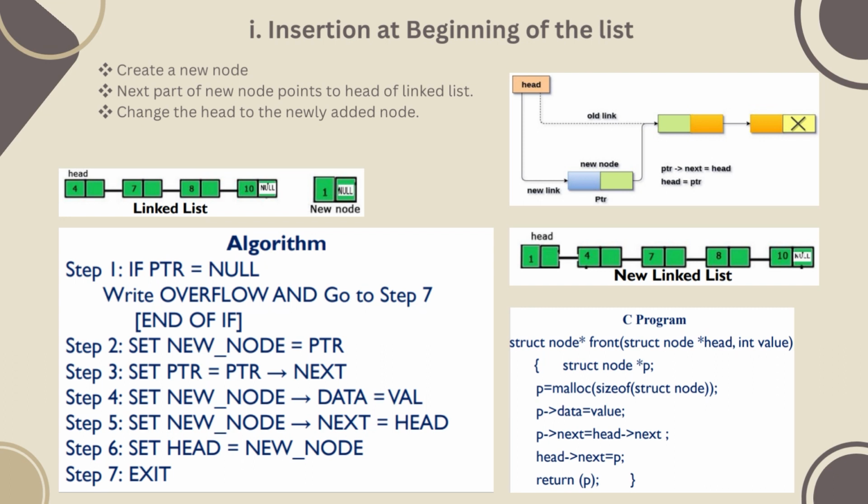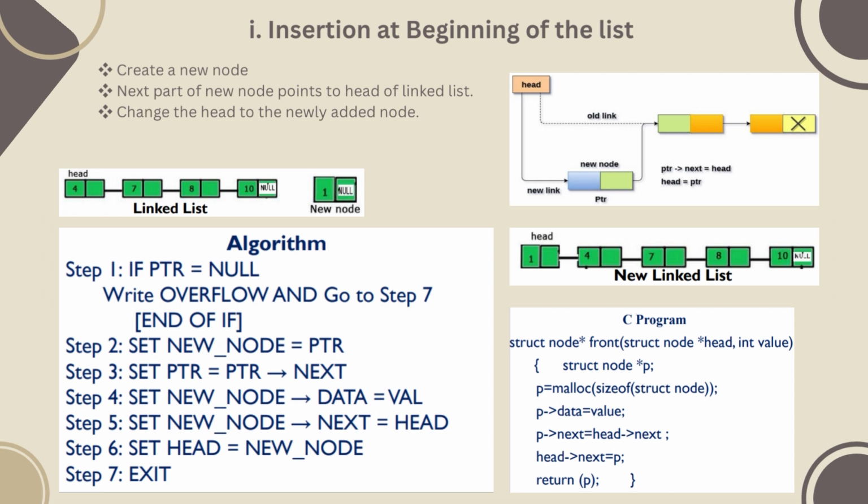For example, the initial linked list has 4 nodes having values 4, 7, 8 and 10. The last node contains the null value. The new node which is to be inserted at the beginning of the linked list has the data value 1, with the link part as null. Now, when the new node is inserted into the linked list, head will be pointing to the new node.